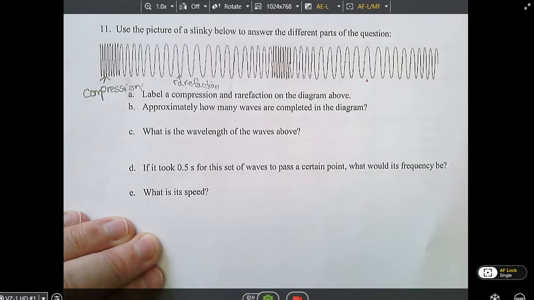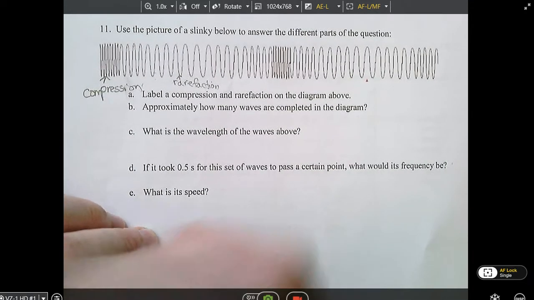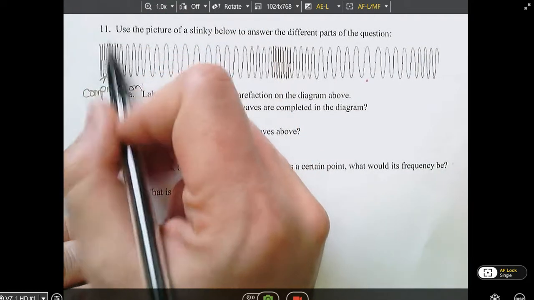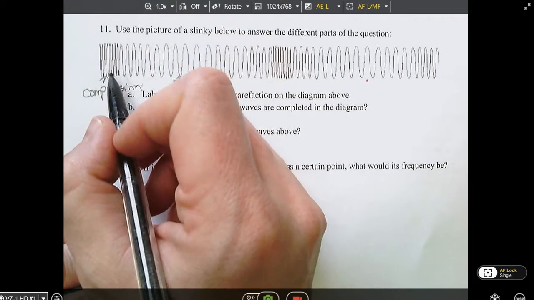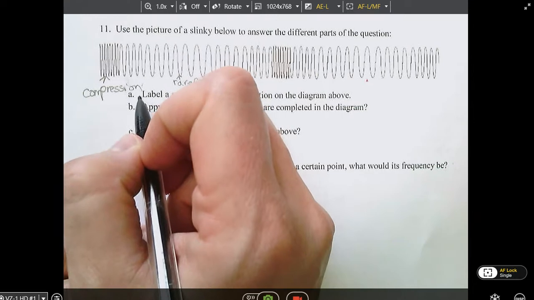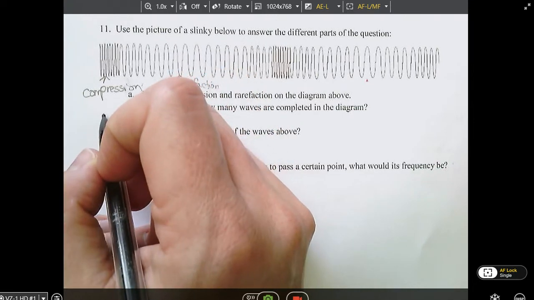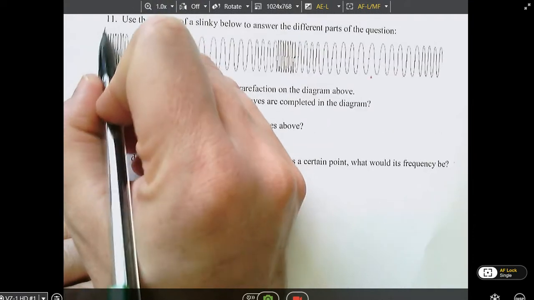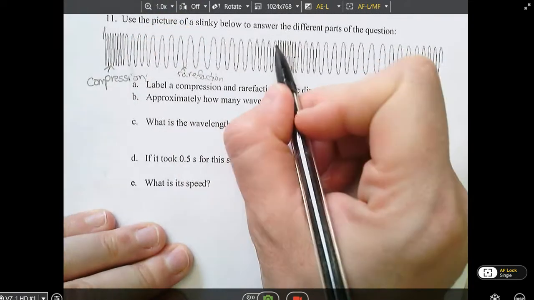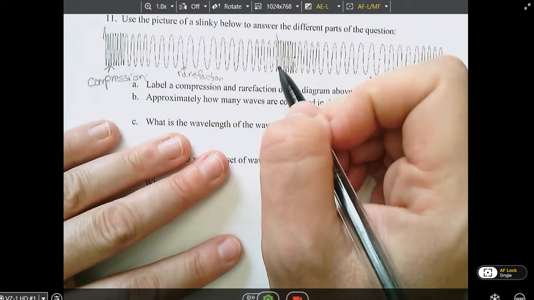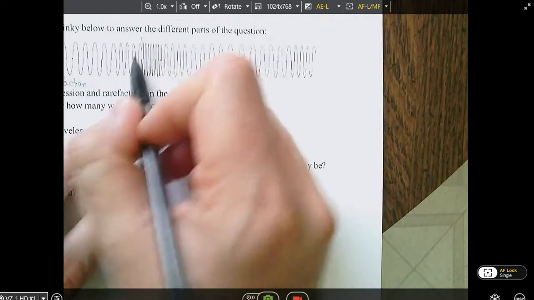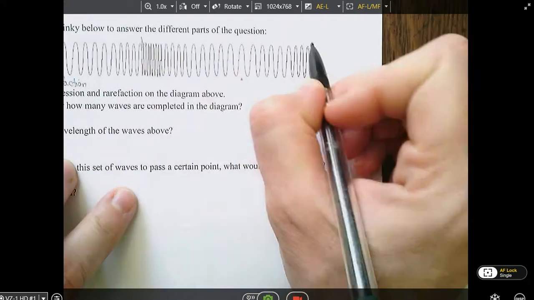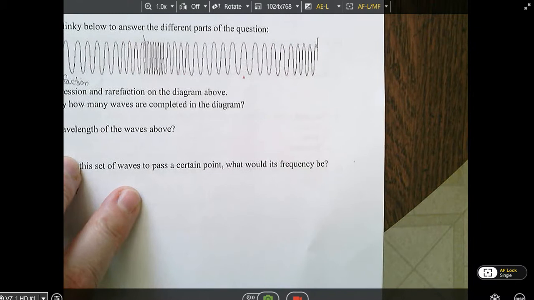All right. Now, what I said earlier was this is a slinky. All of these ups and downs, those are the whirls on a slinky, not waves. So from the beginning of the compression here to the beginning of compression there, that is one wavelength. That is one wave. The beginning of this compression, the end of the rarefaction, the beginning of the next, that is two waves.